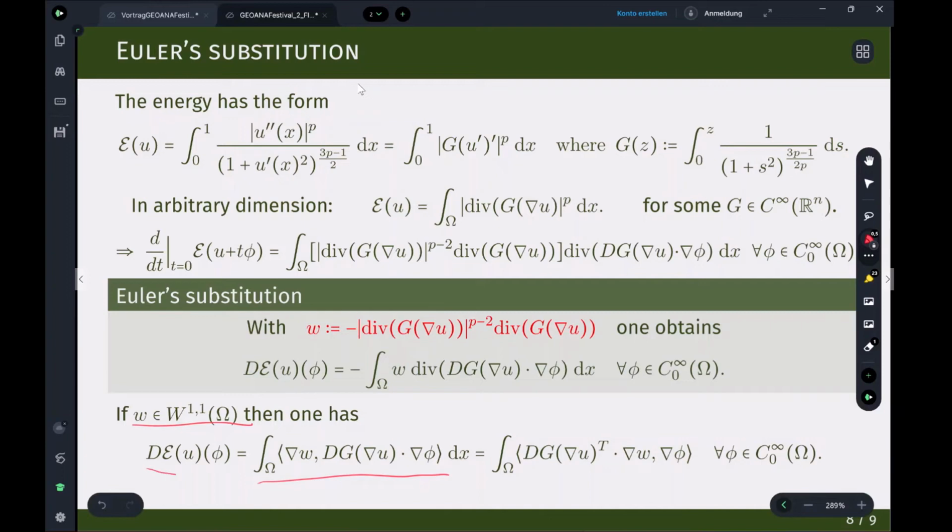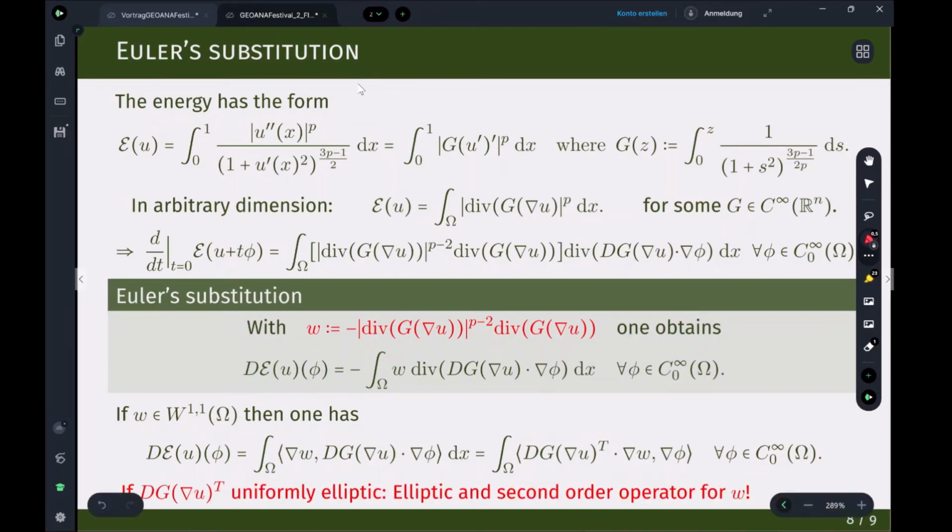Then I have this expression, and if I now shift this matrix over to this one side, I really get an elliptic operator here, because if dg of nabla u transposed is uniformly elliptic, this will be an elliptic operator for w, and this is what we profited from. So this operator is elliptic and second order.